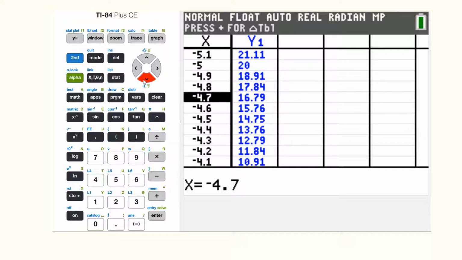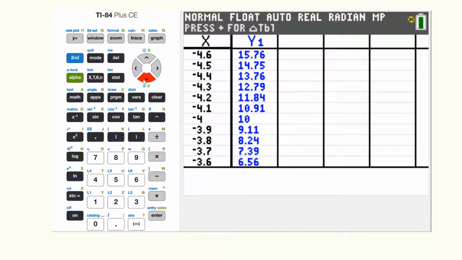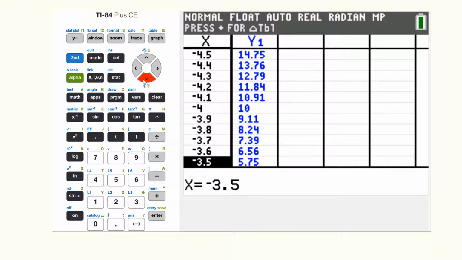If I scroll down here, I can get a little bit more fine-tuned as to where this root, or this zero, or this location where the graph is crossing the x-axis. Again, I'm going to look for sign changes. As I'm scrolling down, right here between -2.8 and -2.7, the y value goes from a positive 0.64 to a negative 0.01.